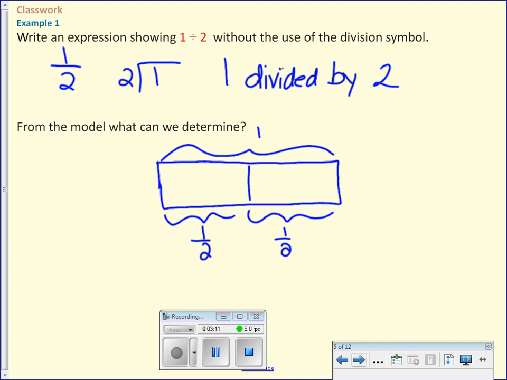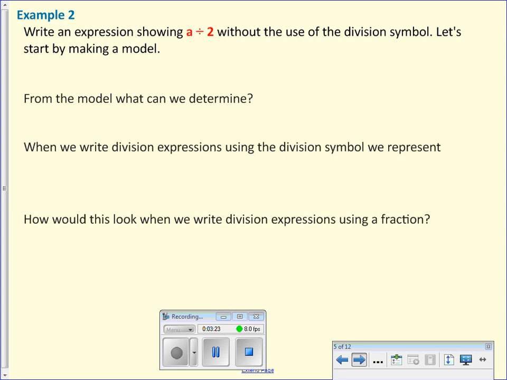Now, for the next one, it's asking us for A divided by 2. So I could just take the 1 and replace it with an A. It means the same thing. So let's write expressions showing A divided by 2. So let's make a model. So A is my total quantity.